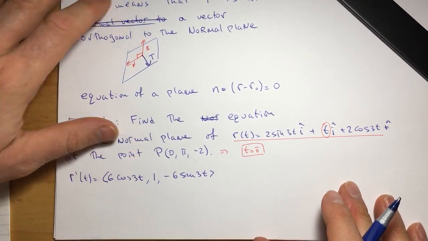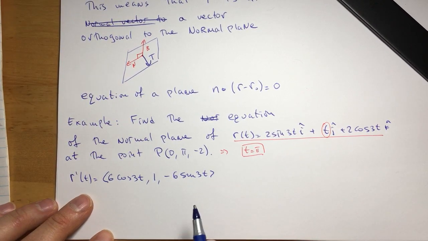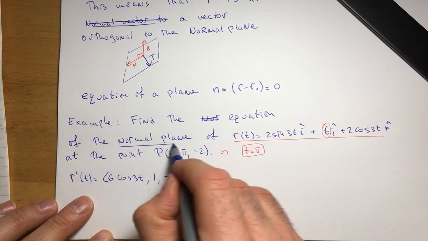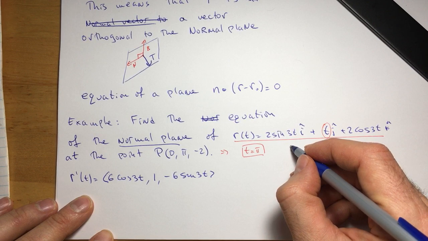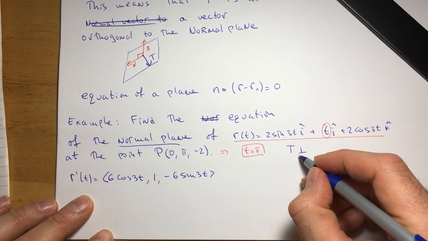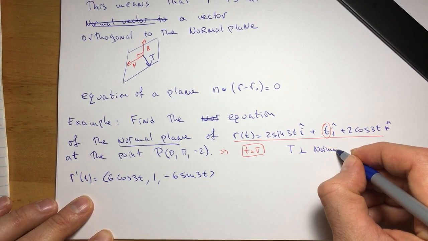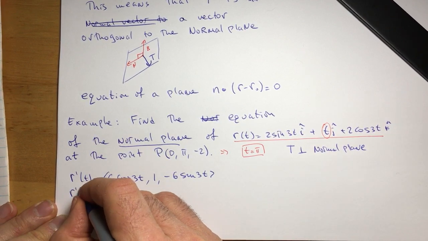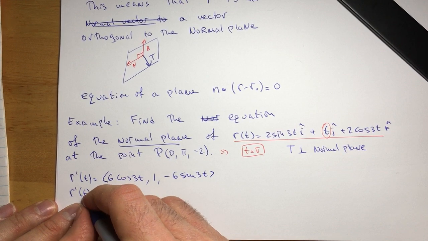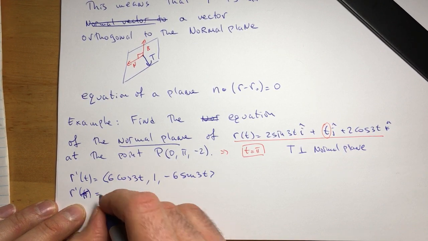Okay? So at this point, they're just asking me to find the equation of the normal plane. That means that I have to find T, because T is orthogonal to the normal plane. Okay, so right away I'll find the derivative evaluated at pi.